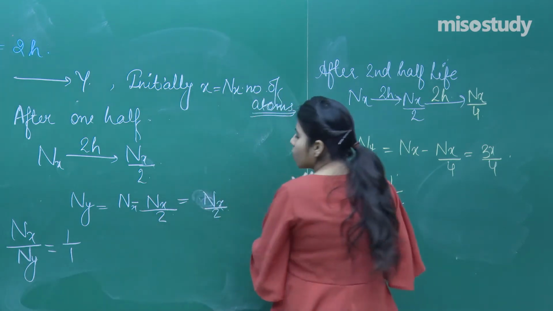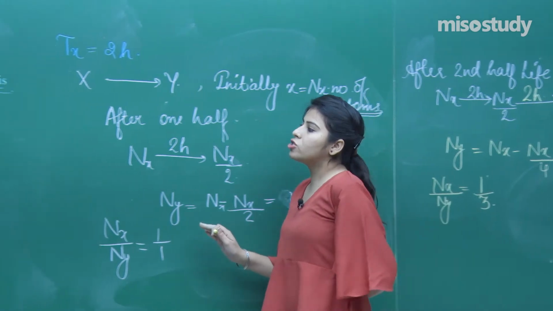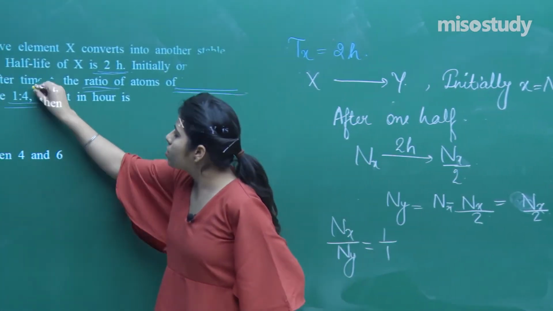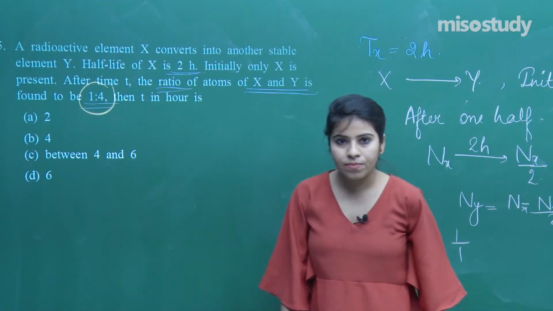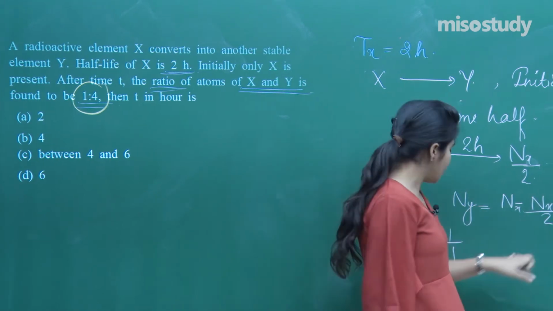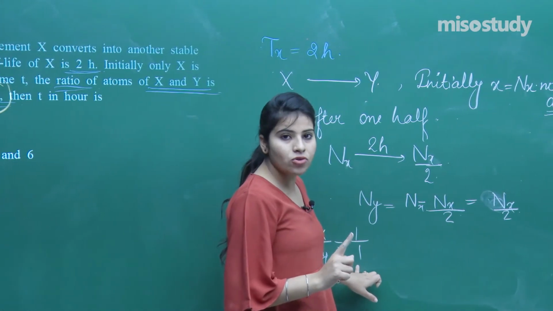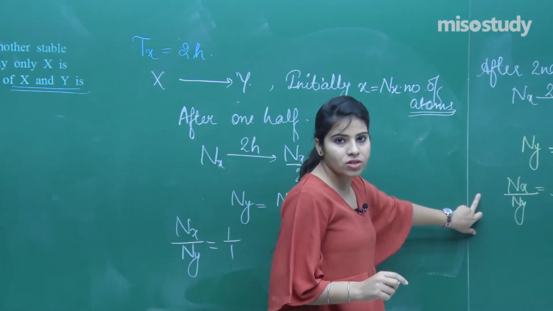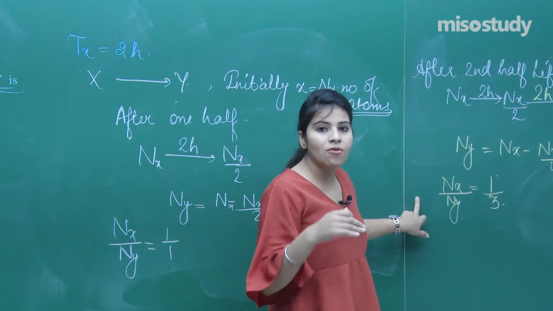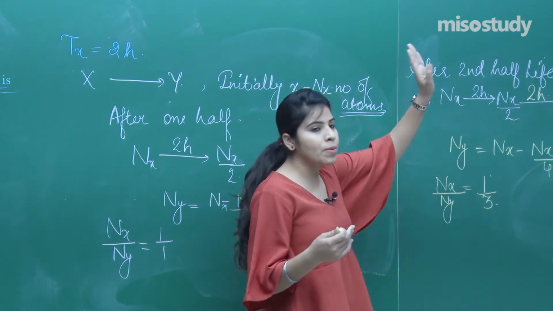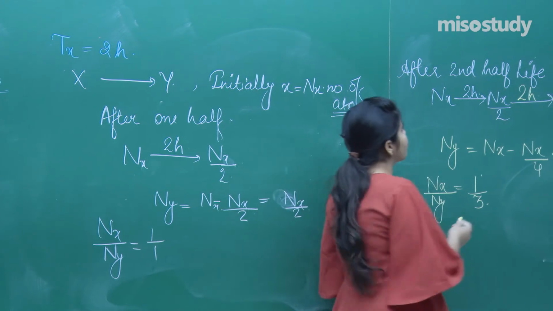Now in the question, the ratio has been given as 1:4. You have 1:1 as your ratio, then 1:3 as your ratio. To get the 1:4 ratio, I will proceed towards the next half life.